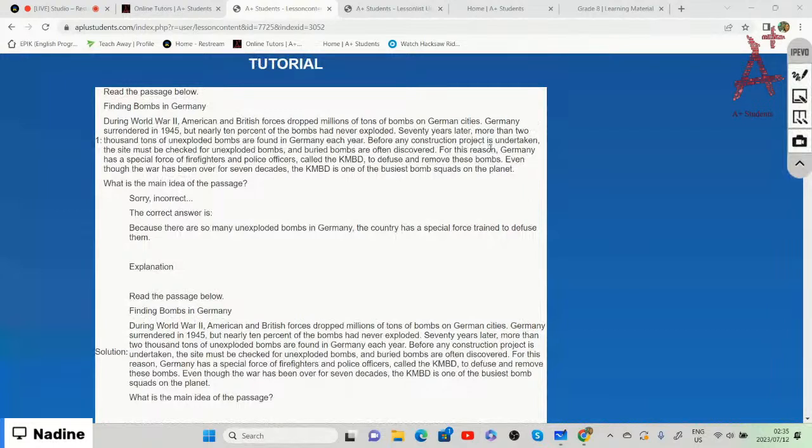Before any construction project is undertaken, the site must be checked for unexploded bombs, and buried bombs are often discovered. For this reason, Germany has a special force of fighters and police officers called the KMBD to defuse and remove these bombs. Even though the war has been over for 7 decades, the KMBD is one of the busiest bomb squads on the planet.